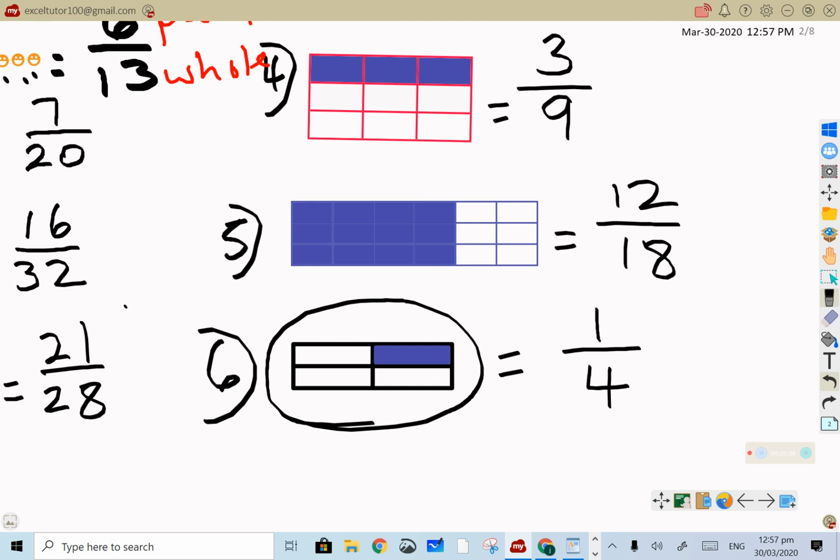We have the quarters and the thirds, etc. All right, these would actually be some of the easier ones. Okay, so we have a total of 4 for our denominator, and 1 part was shaded, which is our numerator.